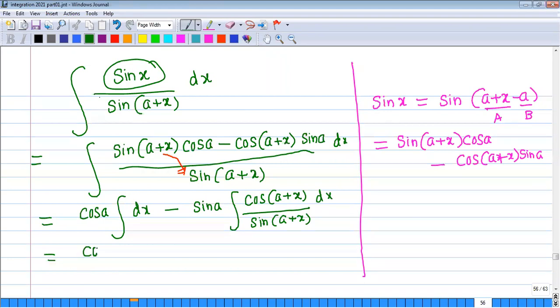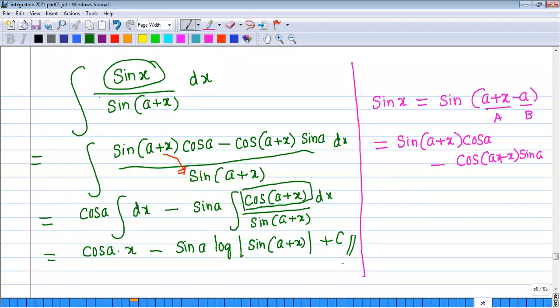This is cos a times x, integral of dx. Here cos of a plus x is the derivative of sin of a plus x, so f dash x by f of x is log f of x. So the answer is cos a times x minus sin a log of mod of sin of a plus x plus constant of integration. That's the answer.